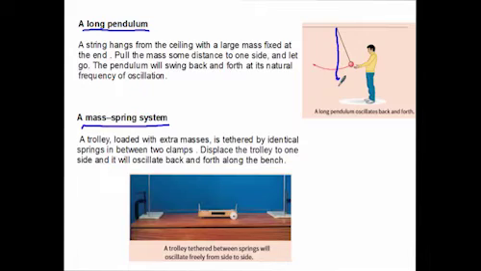Also, for a trolley attached with springs between two clamps, when this trolley is displaced, for example, this is the equilibrium position, when it is displaced a certain distance here, it will start oscillating back and forth along the bench around this equilibrium position.